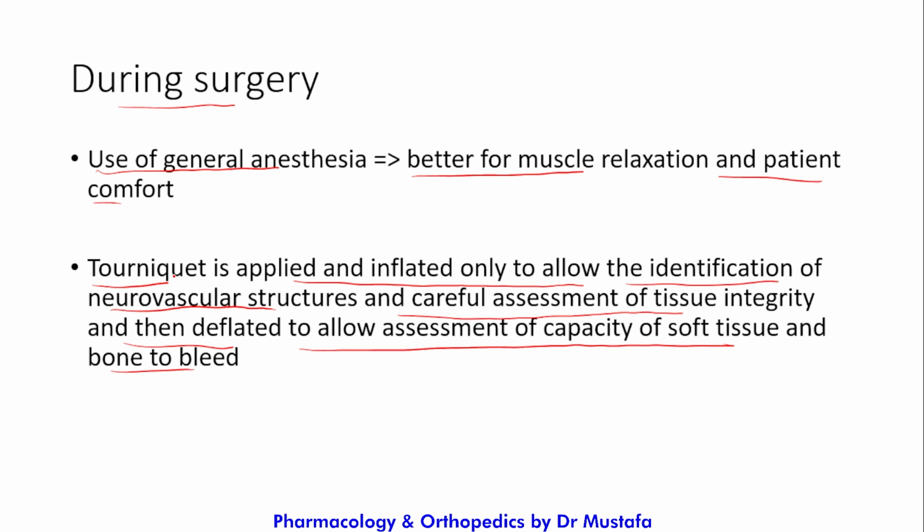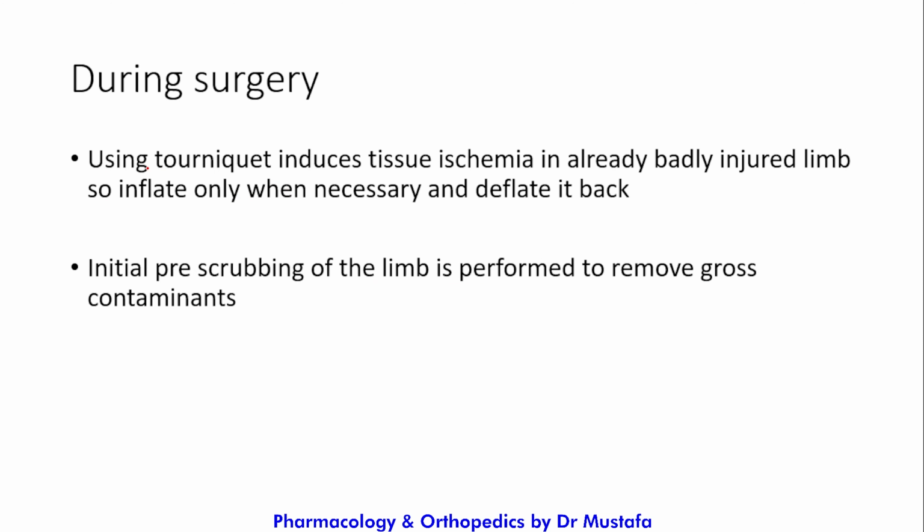So the tourniquet has only one job: it allows you to identify the neurovascular structures and leads to careful assessment of tissue integrity. And after you've done that, you deflate the tourniquet to give the limb the blood supply it needs, and also to allow assessment of capacity of the soft tissue and bone to bleed. Using a tourniquet induces tissue ischemia in an already badly injured limb. So inflate only when necessary and deflate it immediately.